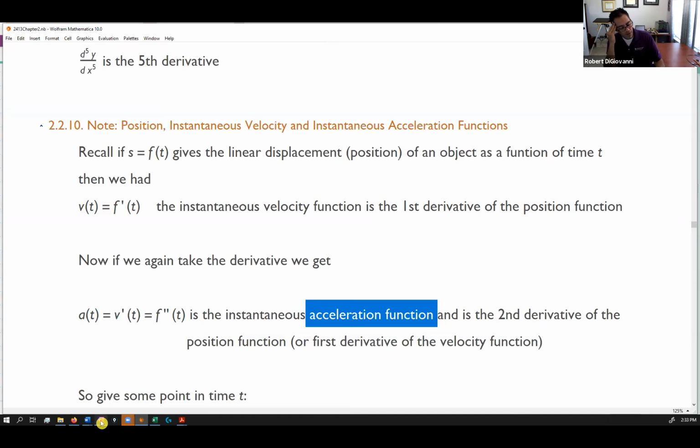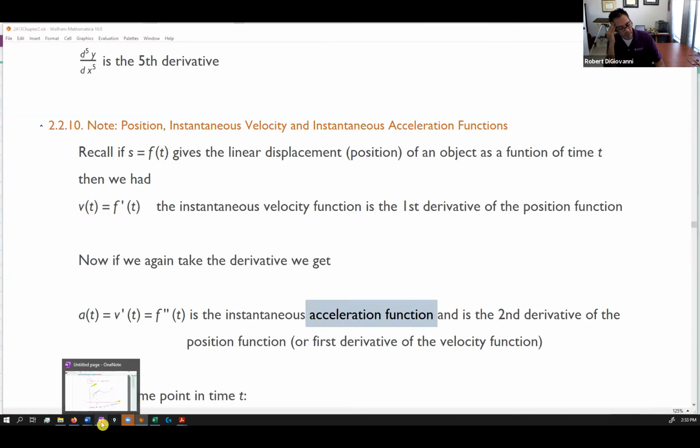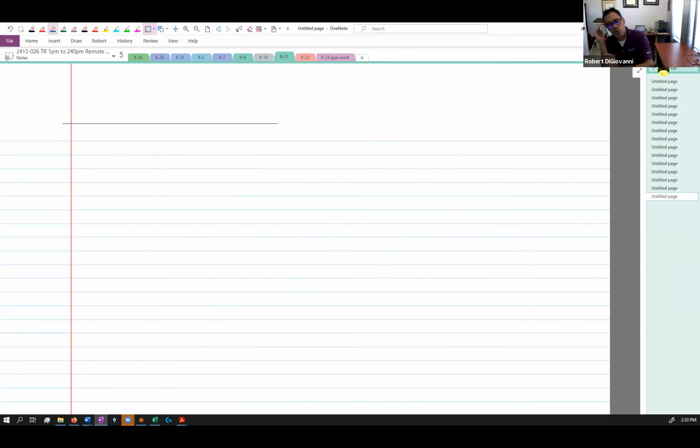Do any of y'all remember seeing this formula in college algebra, or maybe in a physics class? d of t, it may have been some variation of this, equals -16 t squared plus v naught t plus d naught, something like that.